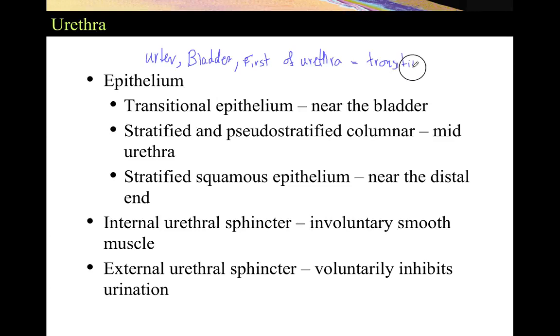Transitional epithelium, which we identified as stratified squamous epithelium.